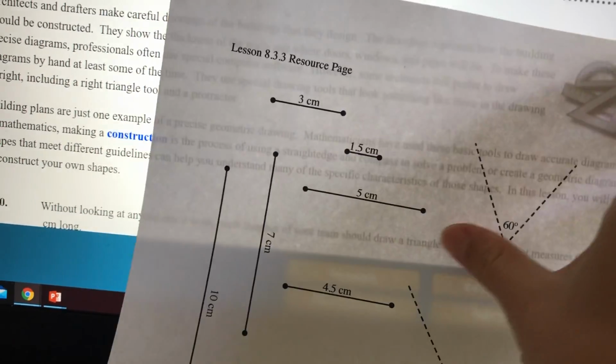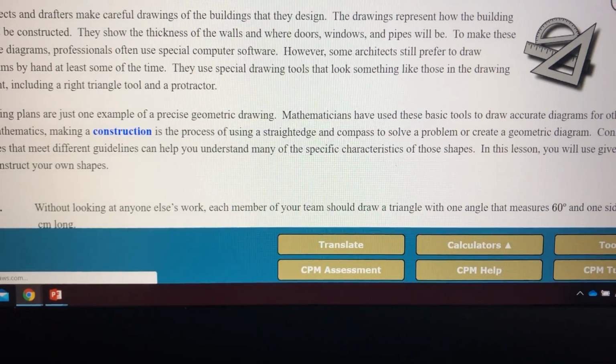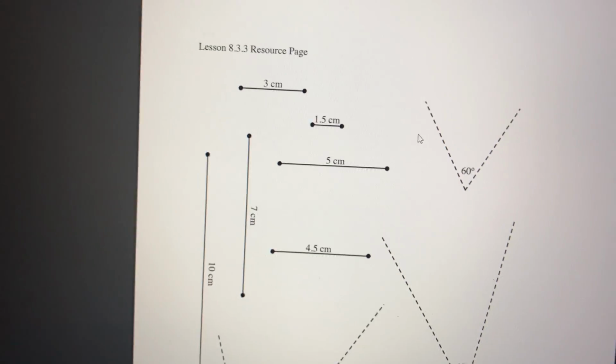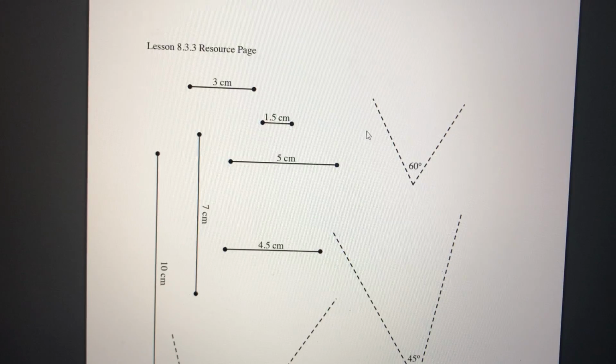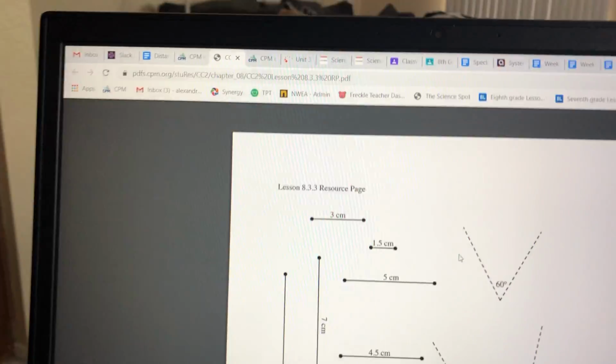So what I did is I just traced. Say I was on my computer, hold on a second, let me get the resource page back up. Let me get a blank piece of paper. There we go.